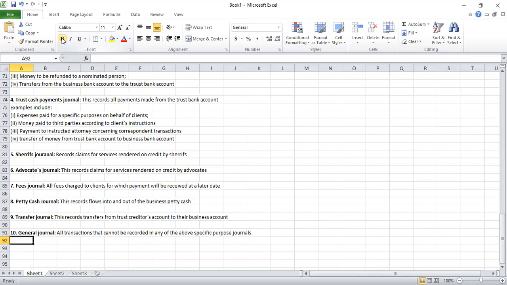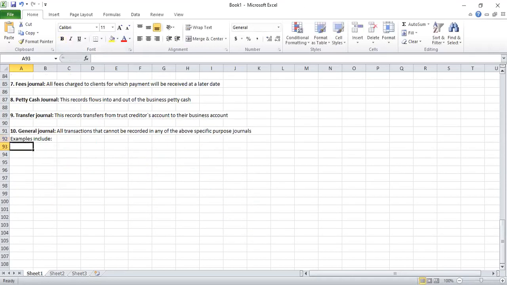Right. Examples include correction of errors, year-end adjustments, drawings of assets by the owner, other assets other than cash.